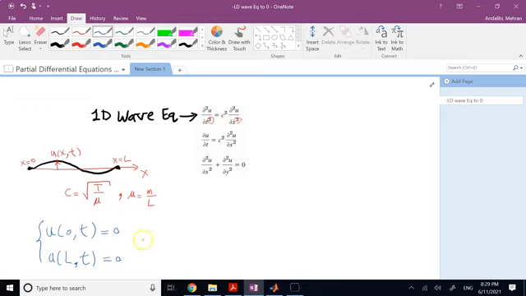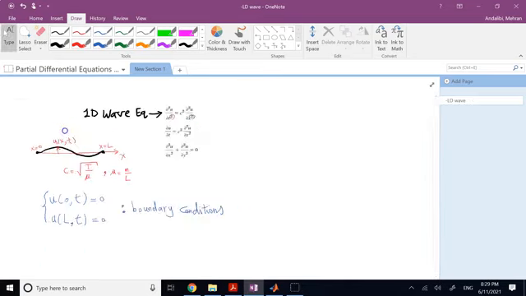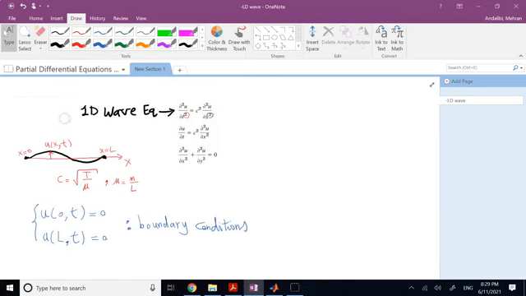Okay, so these two, as I said, we call the boundary conditions. How many of them do we need? As many as the order of the partial differential equation with respect to position x here, which is 2. Then you also need two initial conditions.